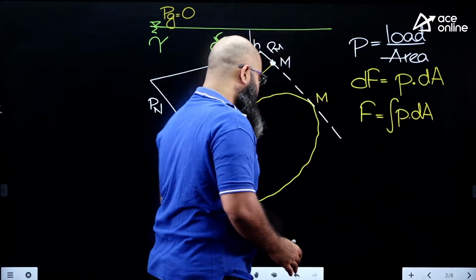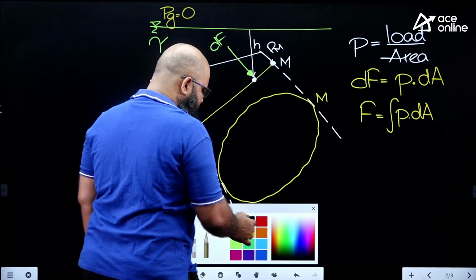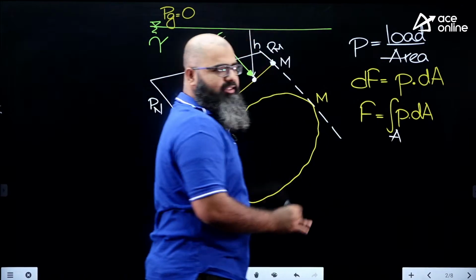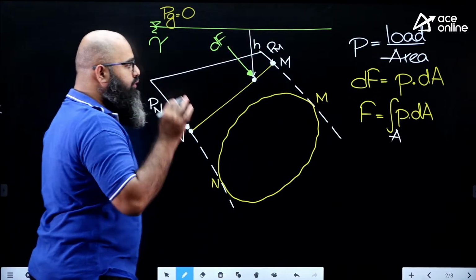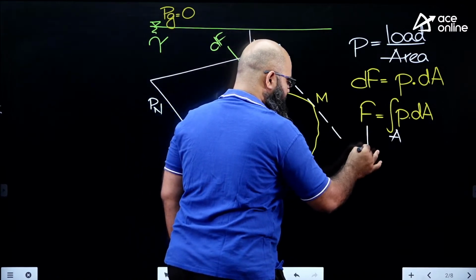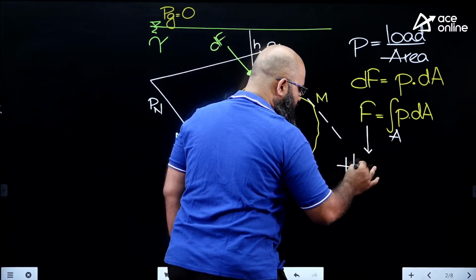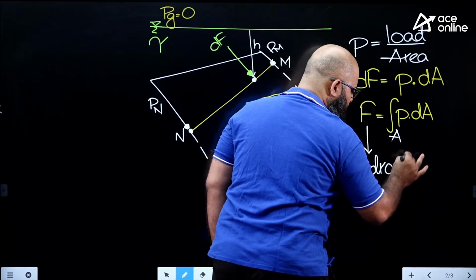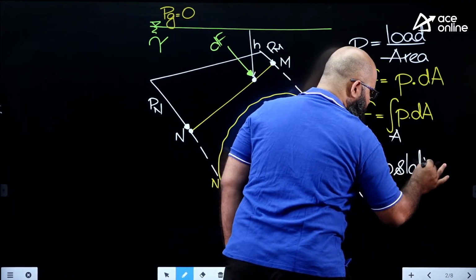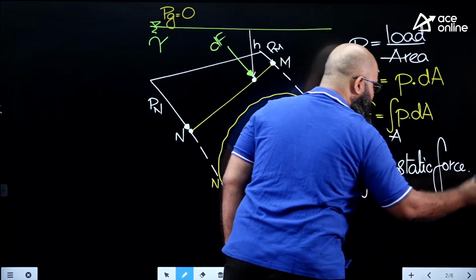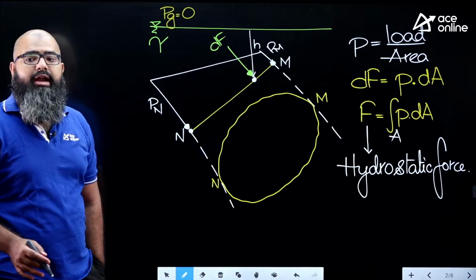Integral PdA, and this integration is supposed to be exercised over the entire area of the plate, capital A, let us say. And this force is known as hydrostatic force. So how do we define hydrostatic force?